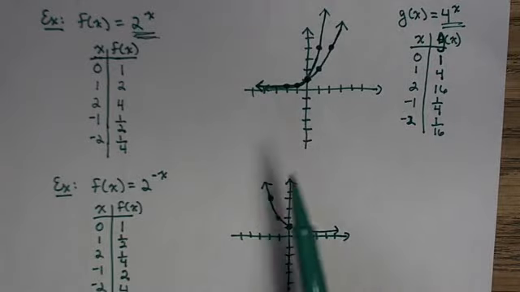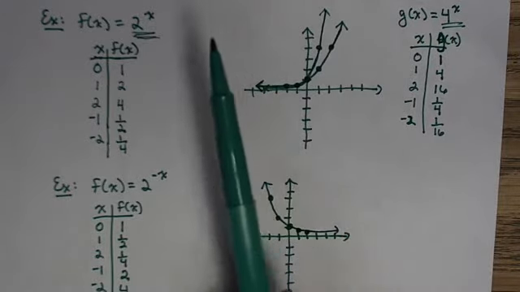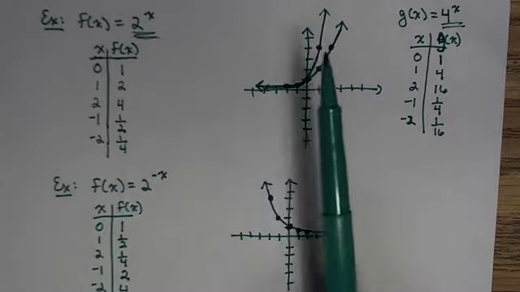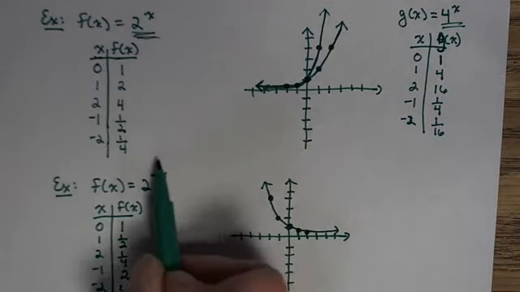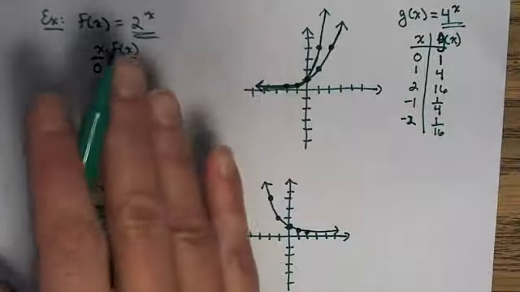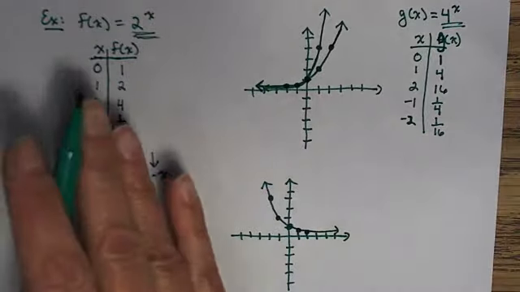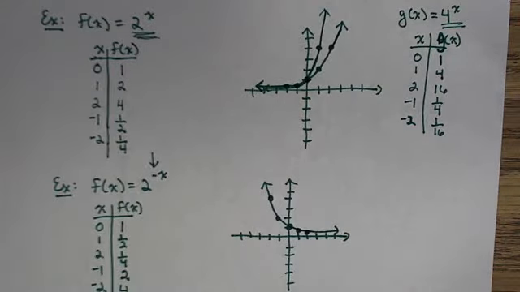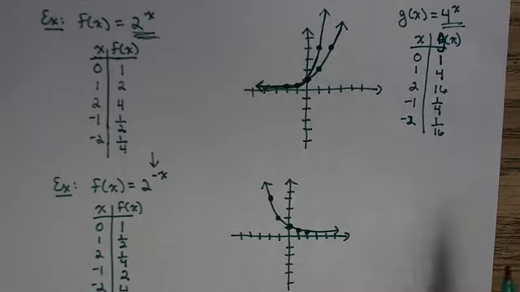Notice that this one ends up being a reflection across the y-axis. So we talked about this in Chapter 3, that a negative sign, when it's by the x value, is a reflection across the y-axis. And that's exactly what's happening with this exponential function. It ends up being a reflection.